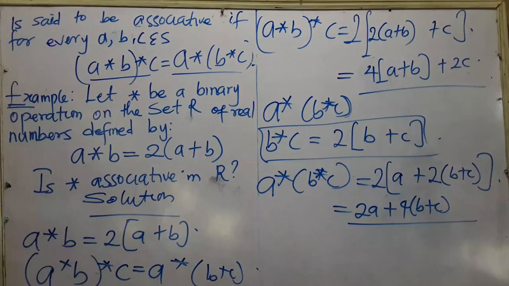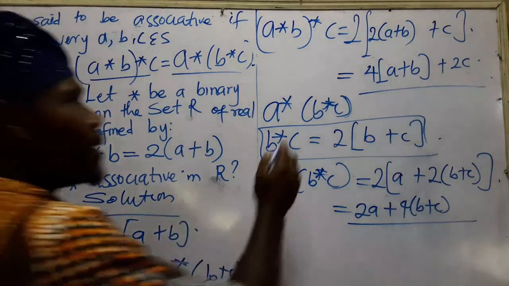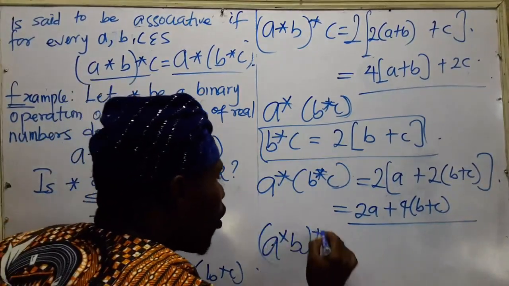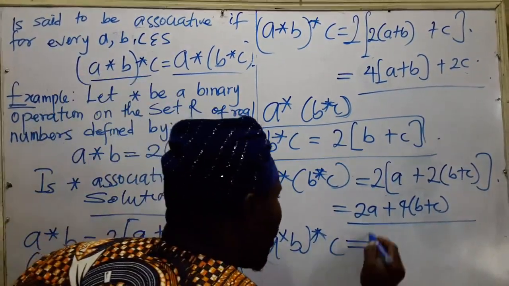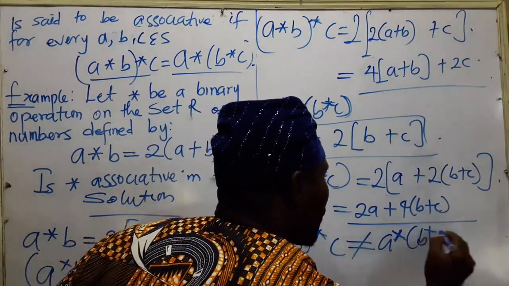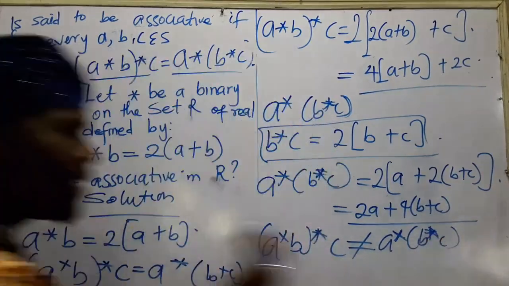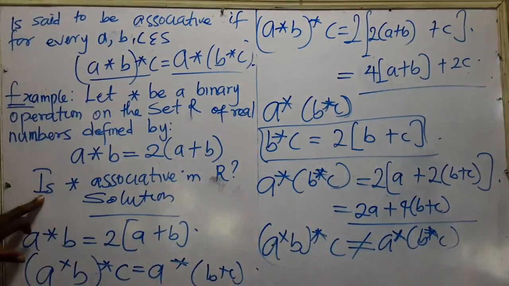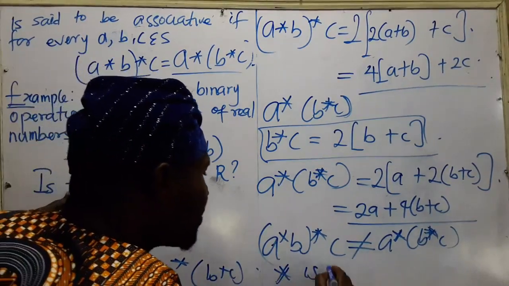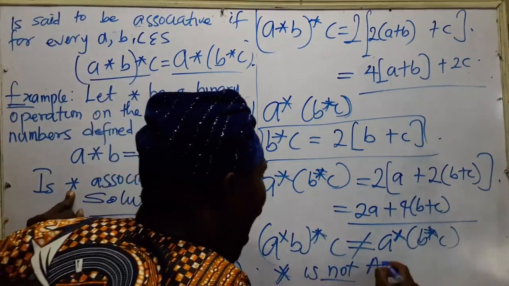If you combine the two together now, you discover that they are not equal. So therefore, the operation is not associative. Since A operation B operation C is not equal to A operation B operation C, it's telling us that the operation is not associative.